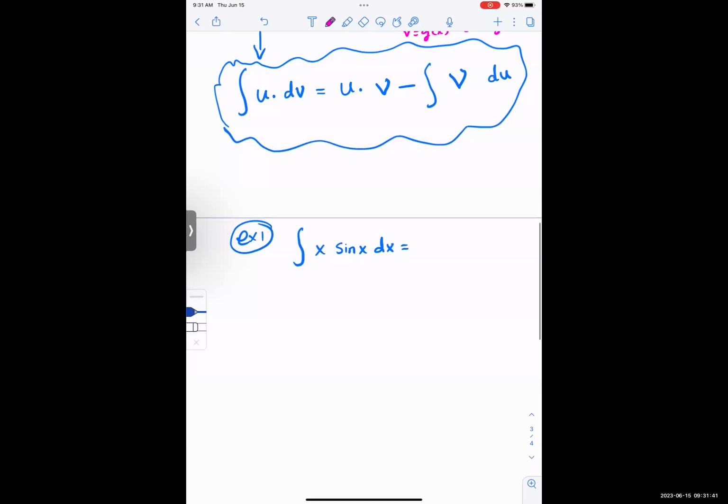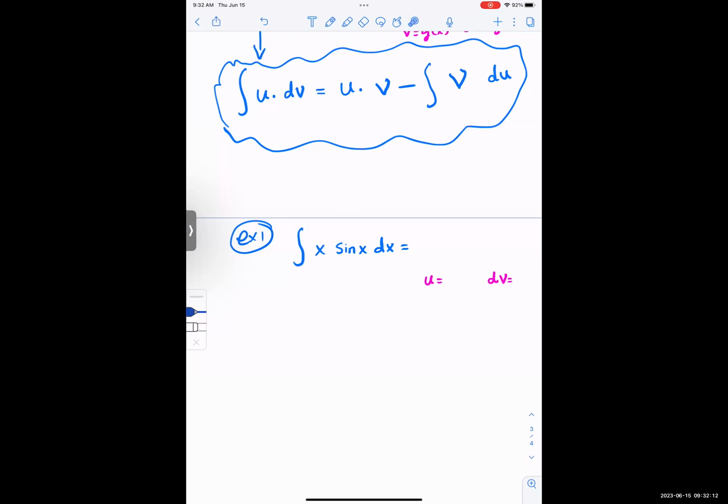When you are doing integration by parts, you need to come up with what is u and what is dv. Do you see that the original formula has u dv? So you need to say, do I let x be u and then dv be sine x dx? So what do I let be which one?